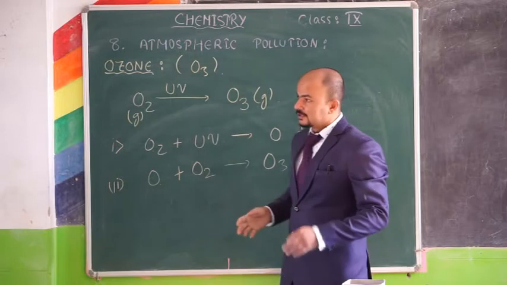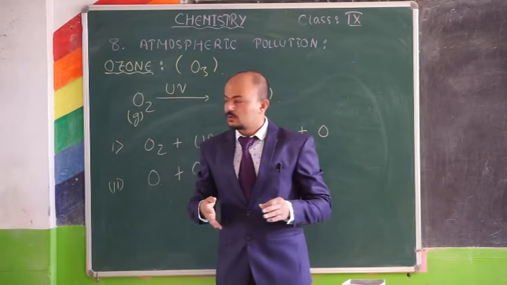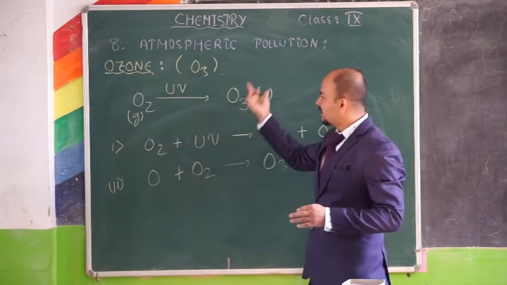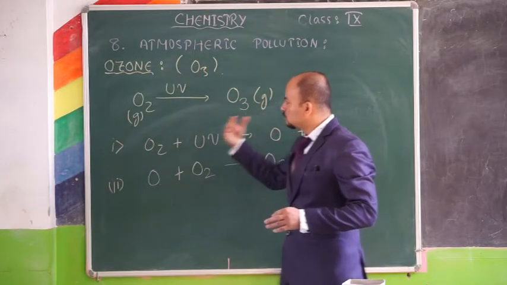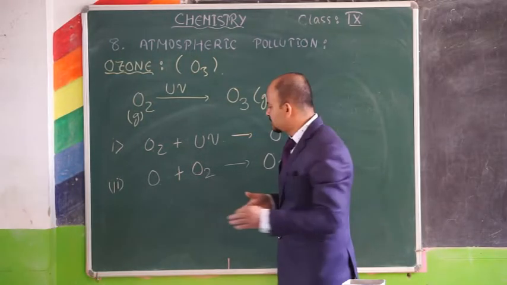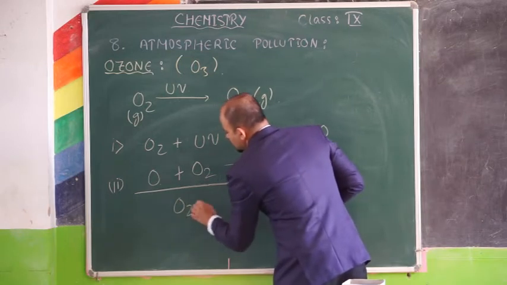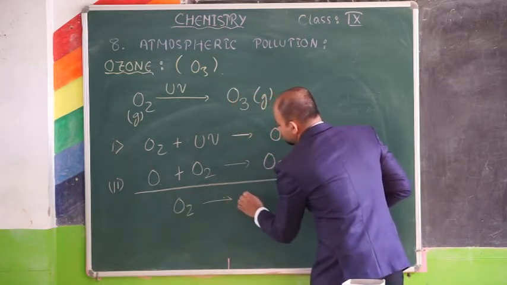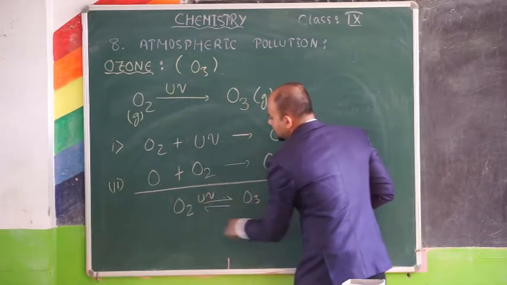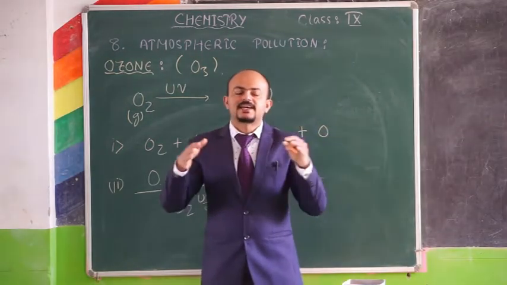Now, you have to remember that this conversion of oxygen to ozone and ozone to oxygen always exist in equilibrium. That means in the stratosphere, oxygen will be converted to ozone in the presence of UV, and this ozone again gets converted into oxygen. This keeps on happening in the stratosphere.